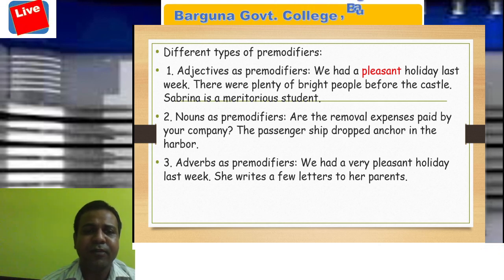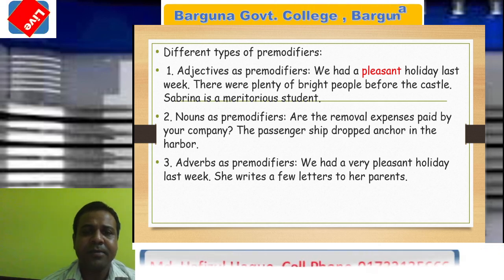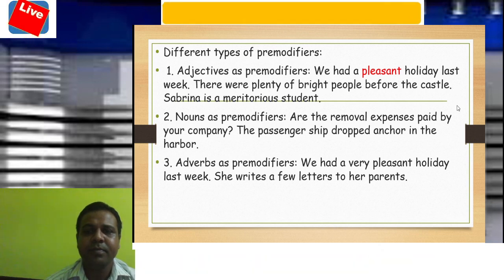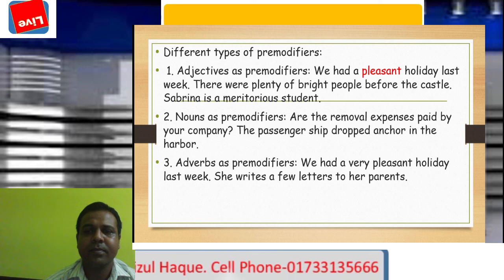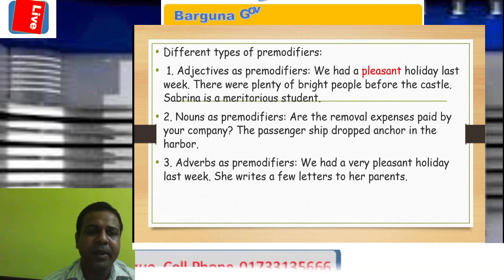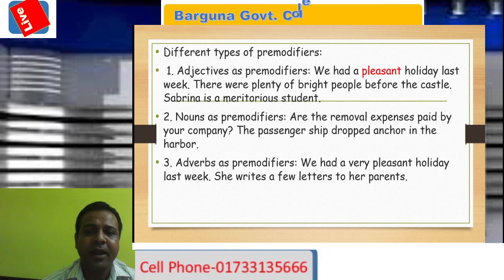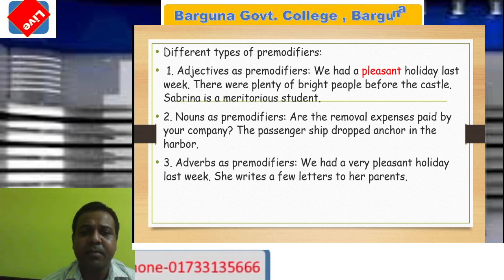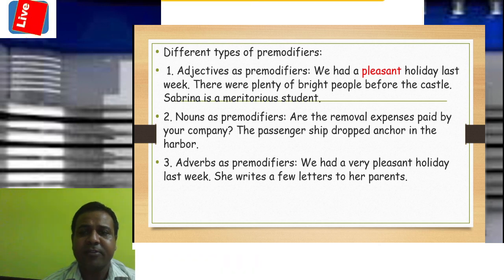In the first example, you will notice: the removable expenses paid by your company. In this example, removable is a noun and expense is also a noun.